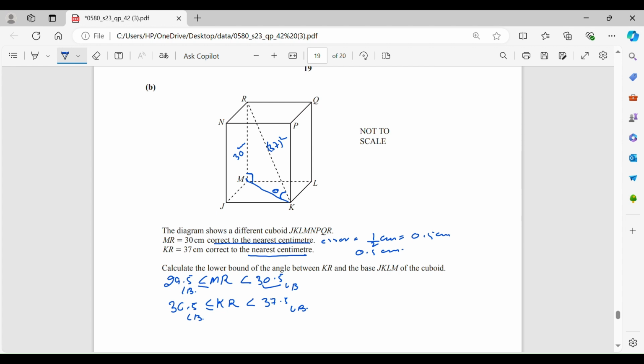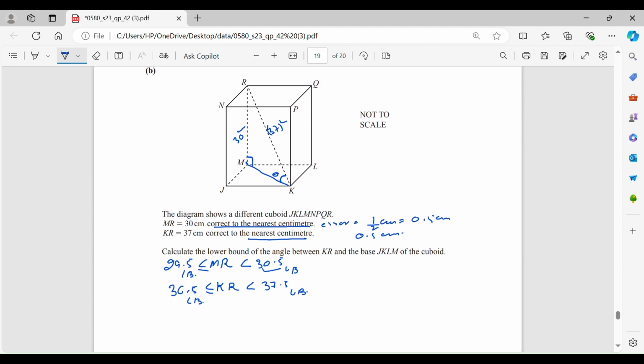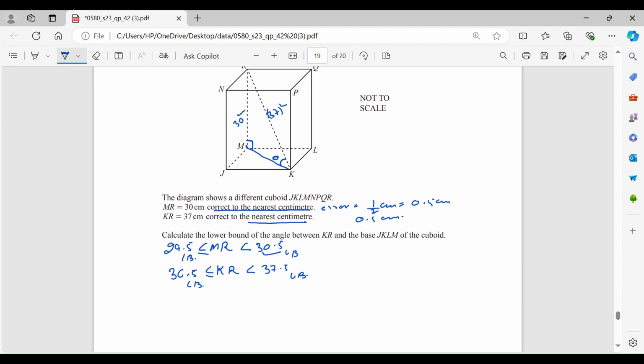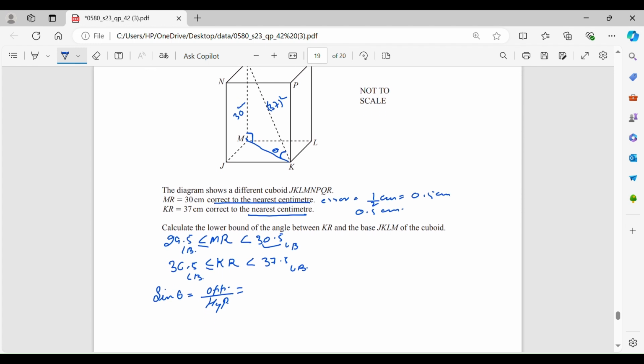So we need to find the theta. Here we can use the trigonometric ratio. So sine theta is equal to opposite over hypotenuse, which is equal to opposite, which is MR, over KR.